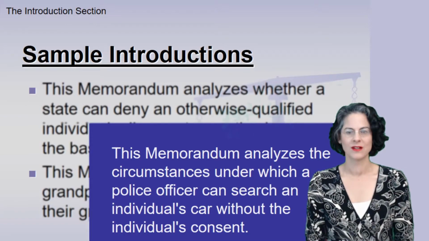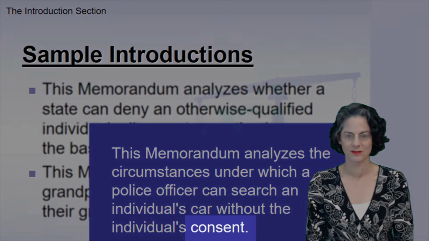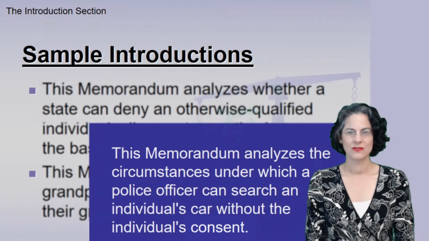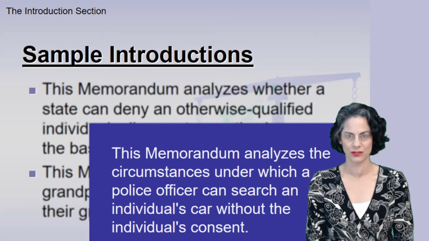For example, I talk about searching a car, and I talk about non-consent. These phrases are still general enough to be applicable to other cases. There are lots of searches involving cars, and non-consent is an important legal concept in the area of search and seizure.